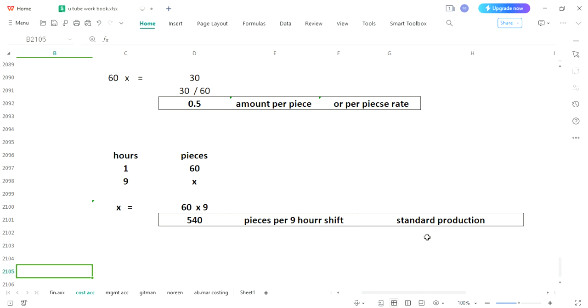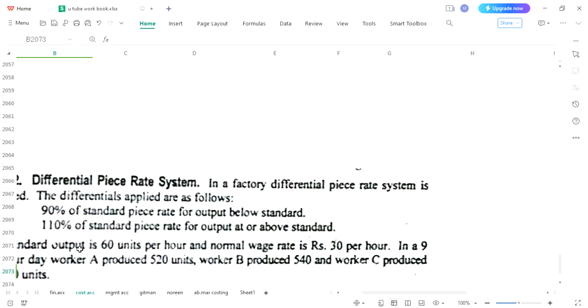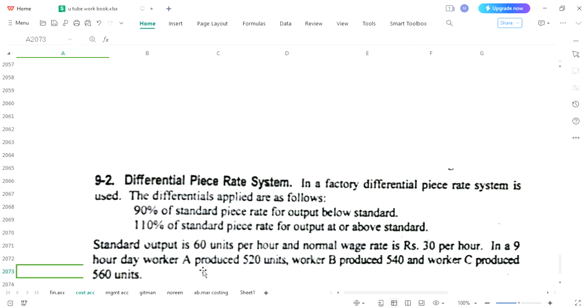It is standard production. Here we will demonstrate how many workers are working in the factory. There are three: A, B, and C. Let's see if you can remember that: A worker, B worker, and C worker.